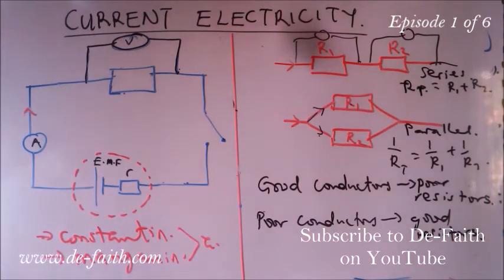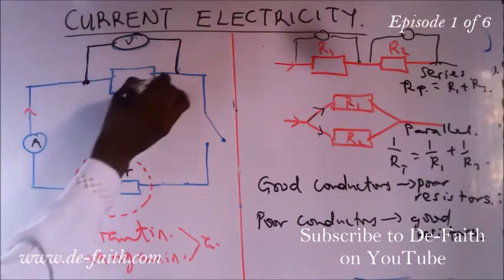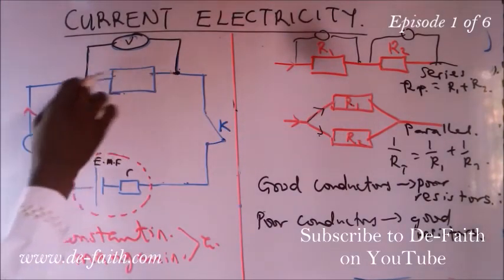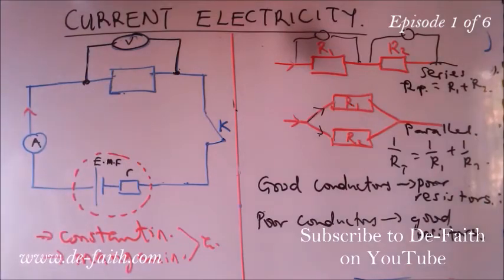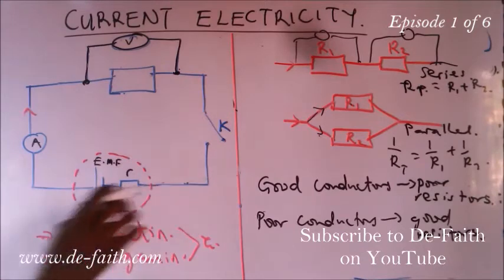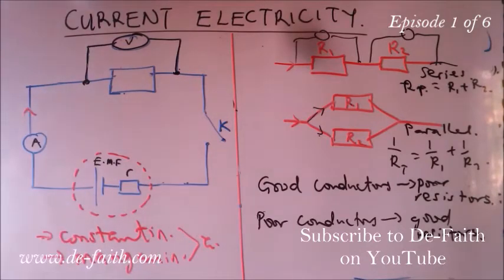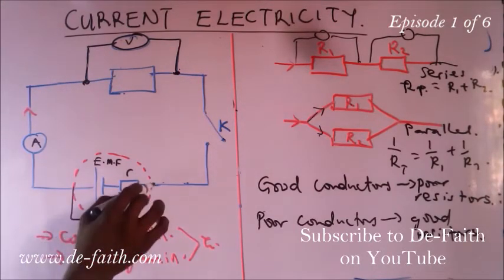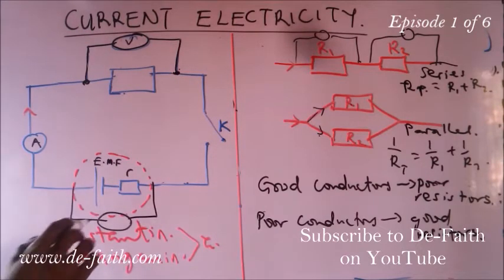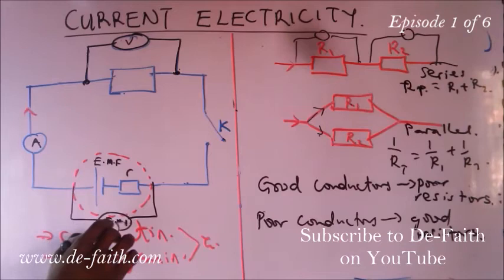And don't forget that we said that we can get the terminal potential difference of a cell. The terminal potential difference is the potential difference between these two points when this key is closed. But when we open this key, current will not be flowing through this circuit any longer. You can calculate the potential difference across this cell when it is not delivering current, and what you get is called the electromotive force.